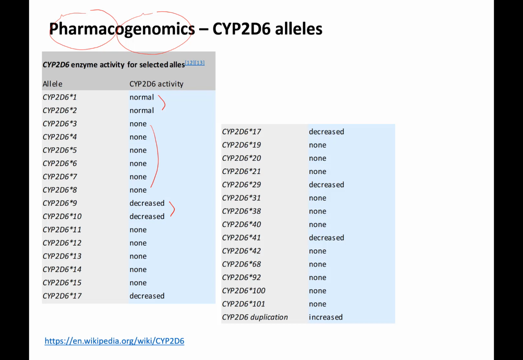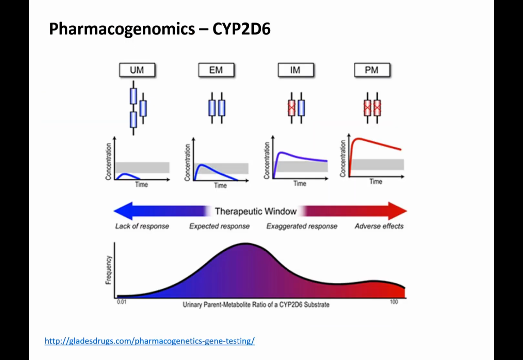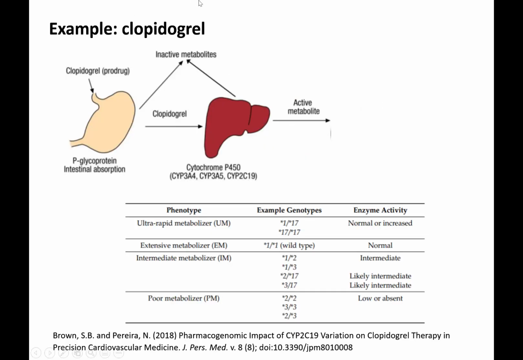I'm going to give you one interesting example. Clopidogrel is a drug that helps with blood clots. So clopidogrel is an anti-platelet drug, and its work is to prevent blood clots.